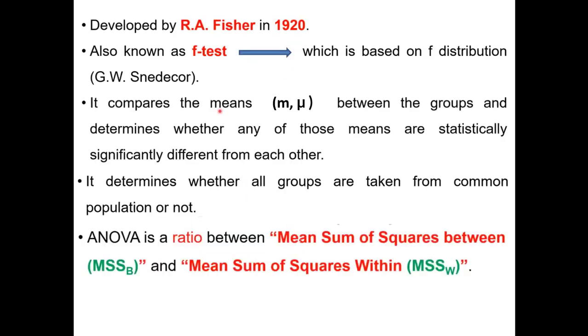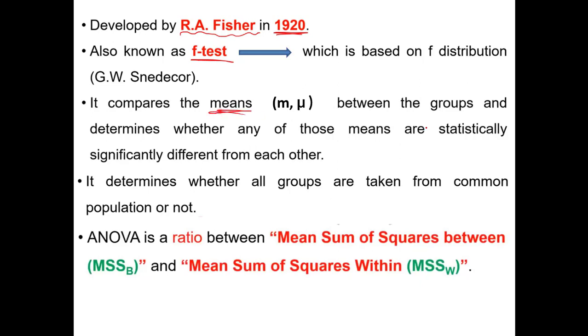Let's move ahead. This ANOVA technique was developed by R.A. Fisher in 1920. This test is also known as the F-test, because it is based on the F distribution, which was invented by G.W. Snedecor.